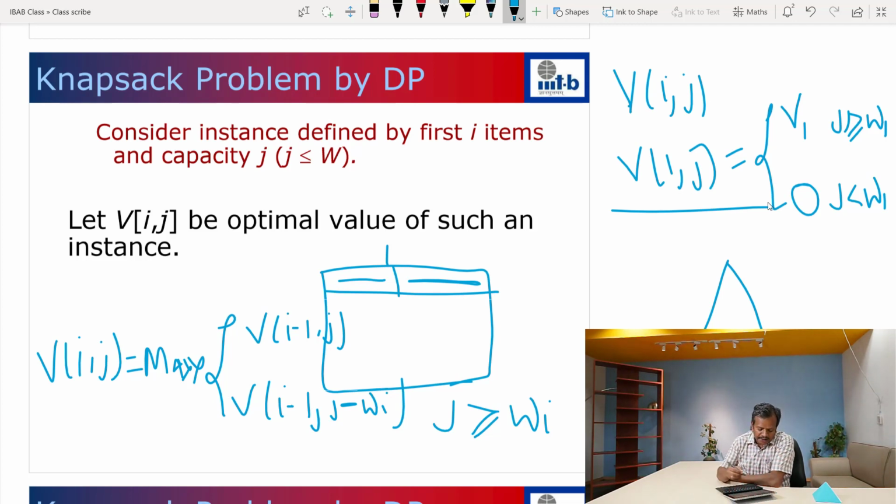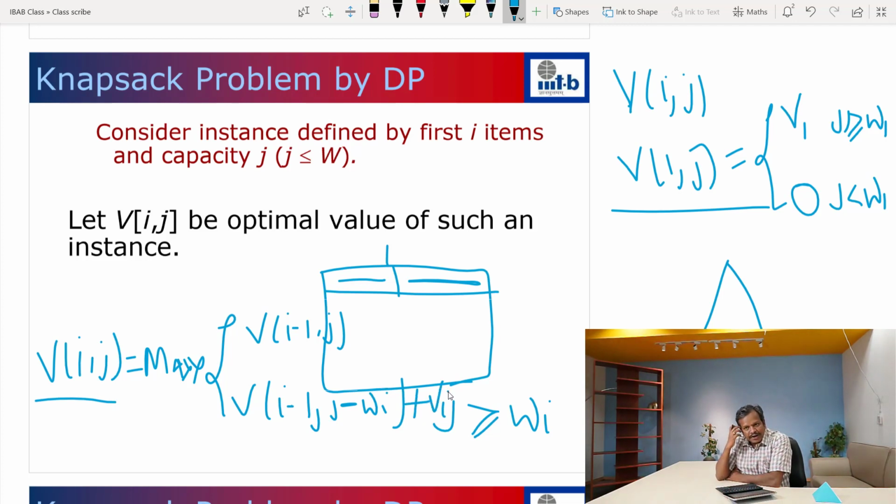And in general, we can write v of i comma j. We have two options, either to pick the ith item or not to pick the ith item. If you have decided not to pick the ith item, then we have to fill the entire knapsack j using i minus 1 items. So in that case, we get the equation v of i minus 1 comma j. But if you have decided to pick the ith item, then we have already made a profit of v of i.